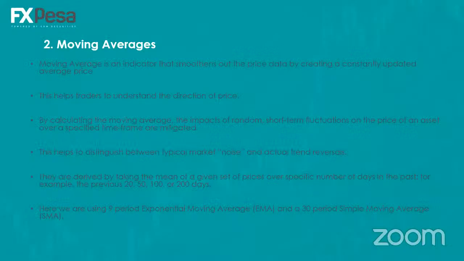The other tool which you're going to use in this setup is a moving average. This is an indicator. An indicator is a tool which you add and you do some setups, and then it is plotted based on the price information on the candlesticks. Mostly the closing price is used.